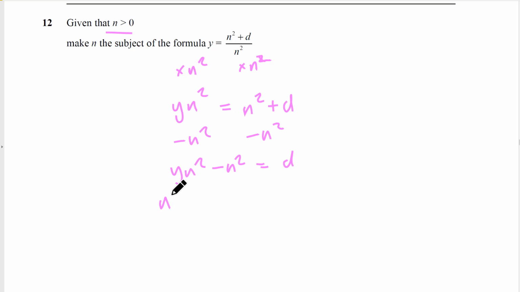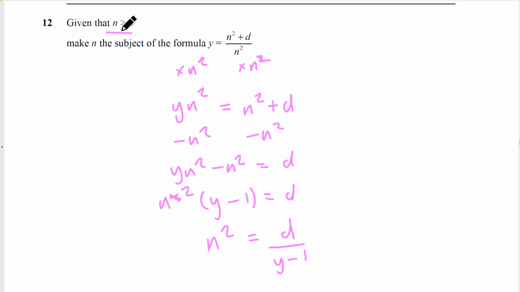Let's factorise that out, so we're going to get n squared times y minus 1 equals d. So n squared equals d over y minus 1.